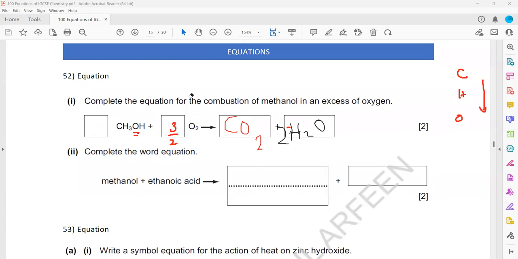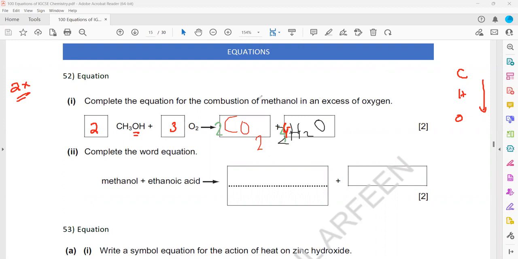But to balance the equation, if you have to balance by a fraction, we multiply all of them by 2. If I multiply all of them by 2, this will become 2, this will become 3, because 3 by 2 multiplied by 2 is 3, this will be 2 here, and this will become 4. So first we balance carbon, then hydrogen, and at the last, oxygen.